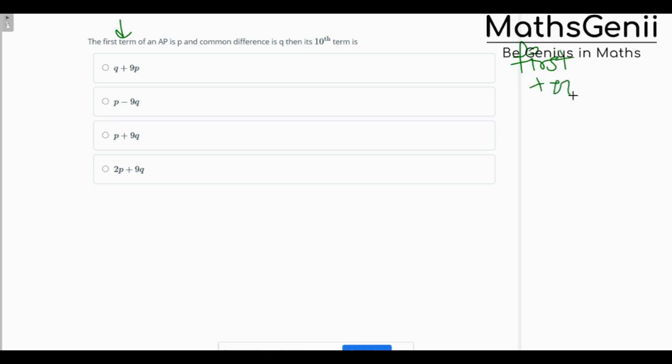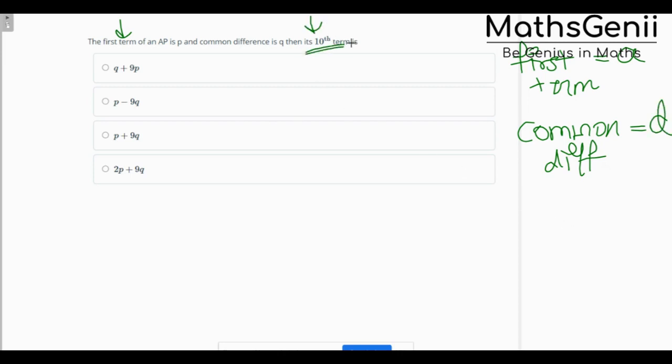First term is called A. Common difference is called D. And the 10th term is mentioned, so it is n. What is the formula? a_n is equal to a plus (n minus 1)d. So you have to find a of 10.